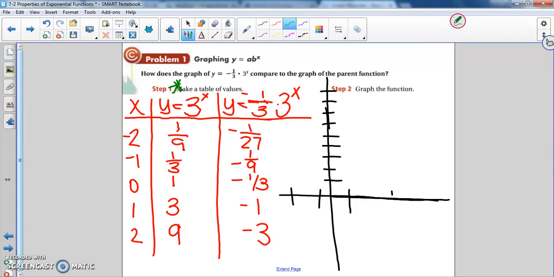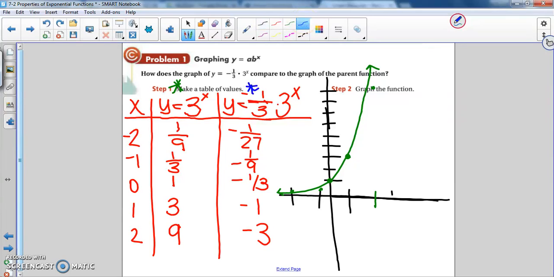So I have negative 2, 1/9, negative 1, 1/3, 0, 1, 1, 3, and 2, 9. So that's what my parent function looks like.